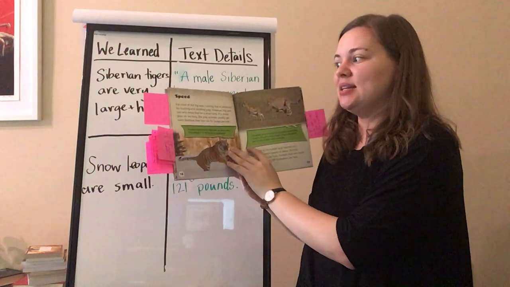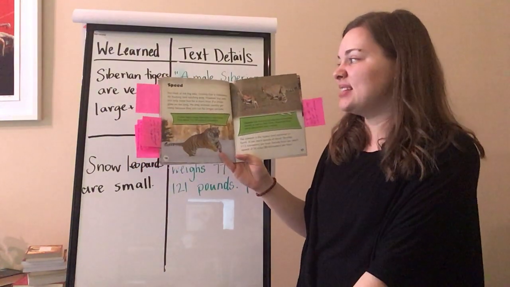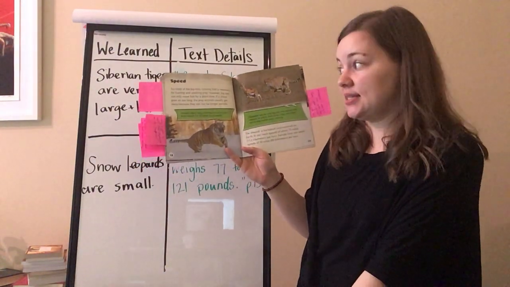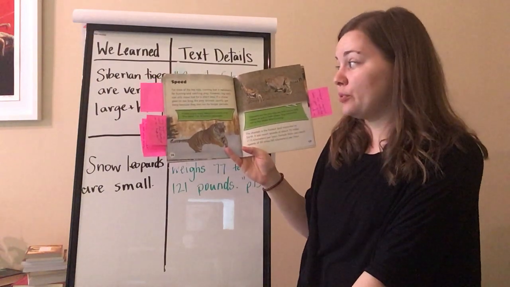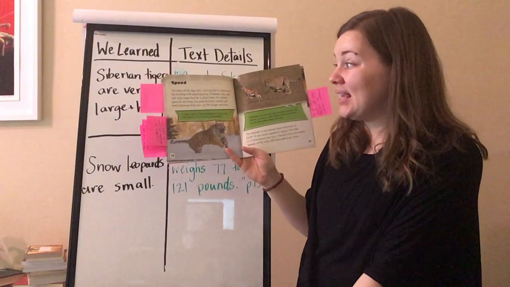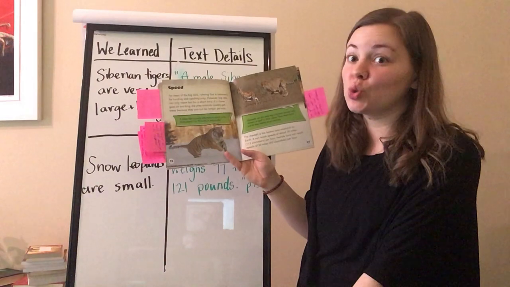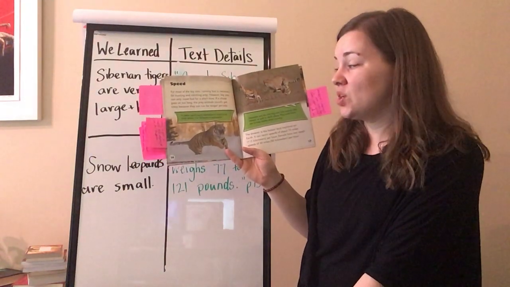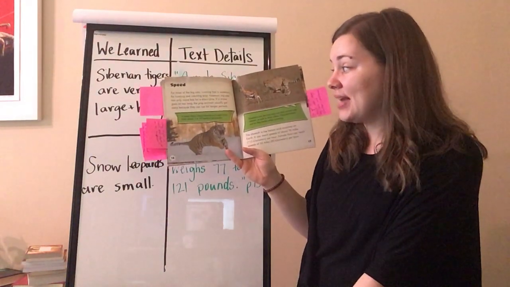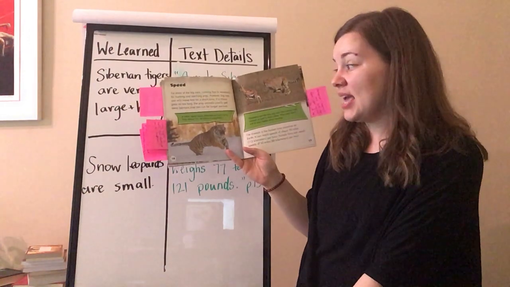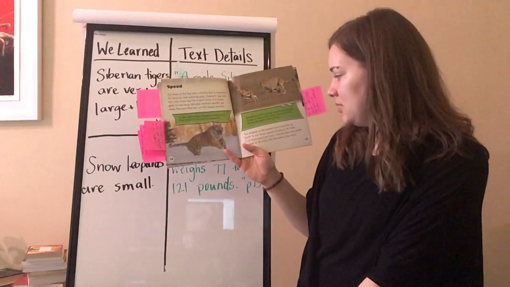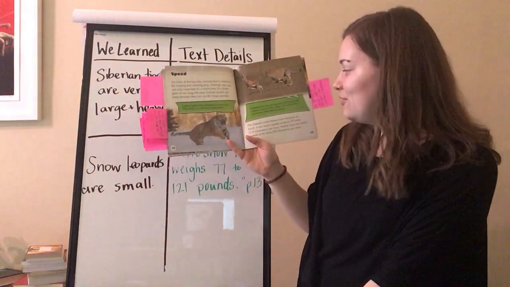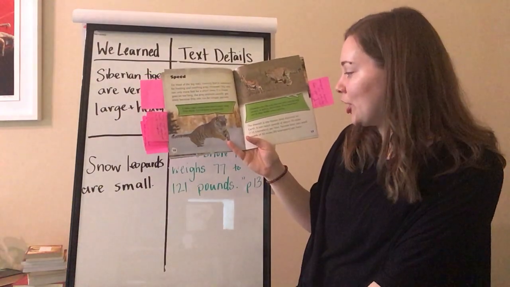Ooh, speed. For most of the big cats, running fast is necessary for hunting and catching prey. However, big cats can only move fast for a short time. If a chase goes on too long, the prey animal usually gets away because they can run for longer periods. The cheetah is the fastest land mammal on Earth.